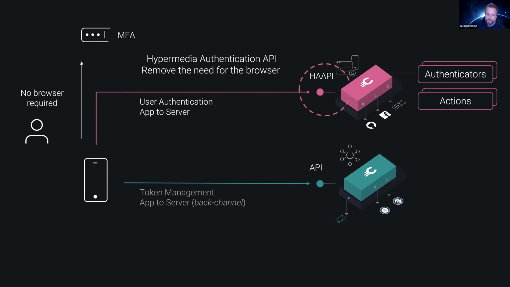So what we want to do now with the Hypermedia Authentication API is do the same thing, but without the browser. If you think of native applications on mobile primarily, which is what we'll talk about today, one of the main caveats of user authentications or problems on mobile is that a lot of these standards and flows require a browser.